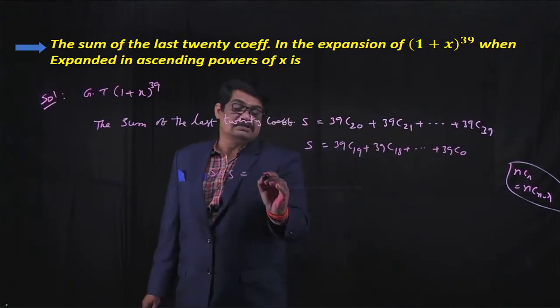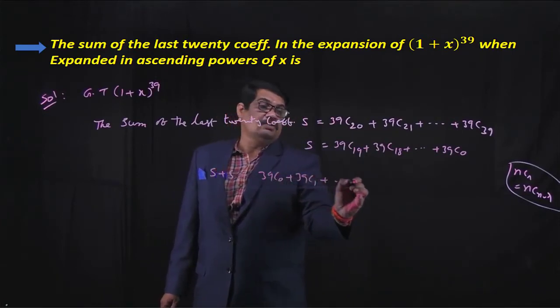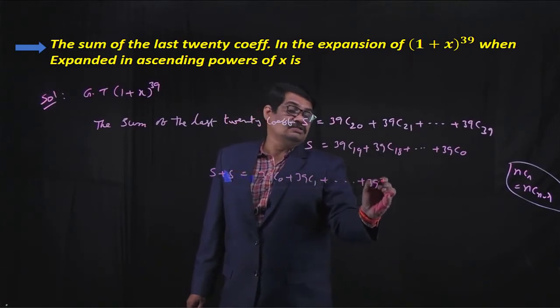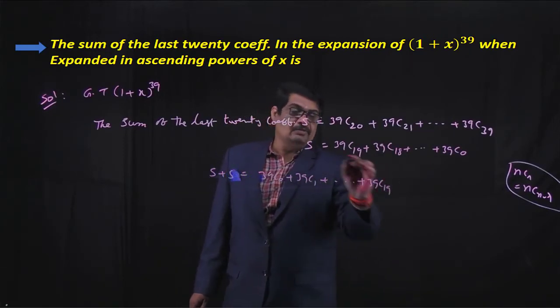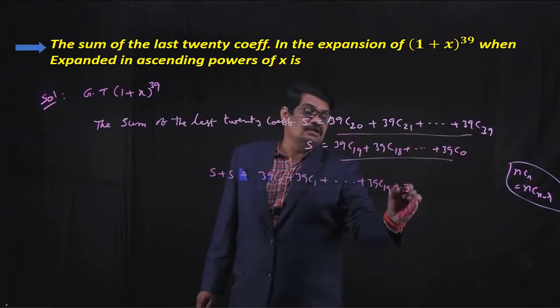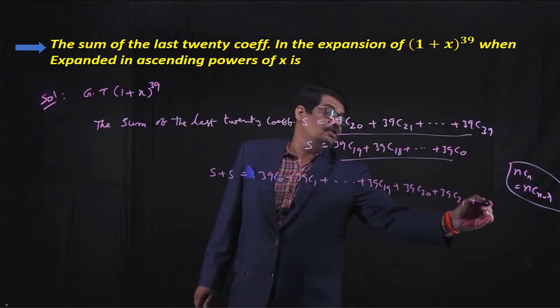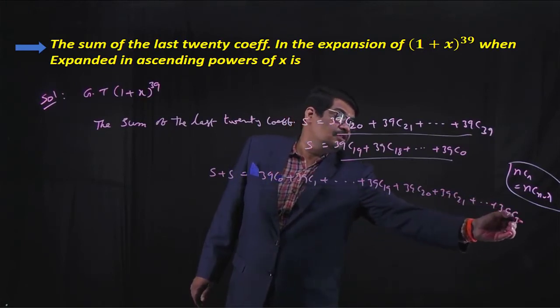So that is 39C0, 39C1 and so on, up to 39C19. Next we are writing these values, that is 39C20, 39C21 and so on, up to 39C39.